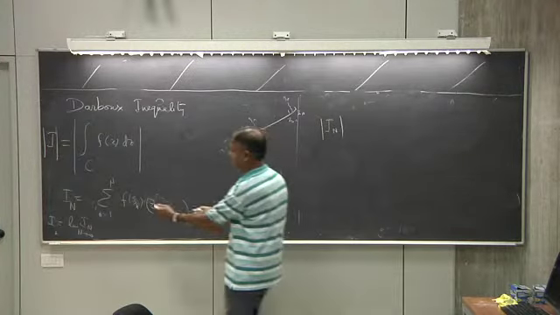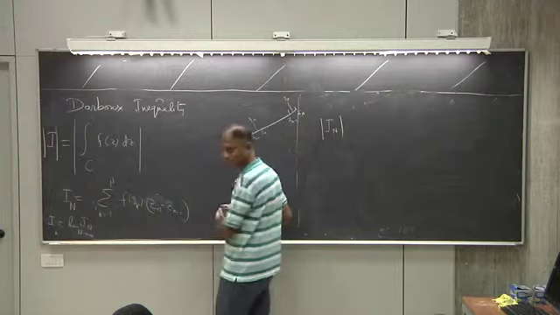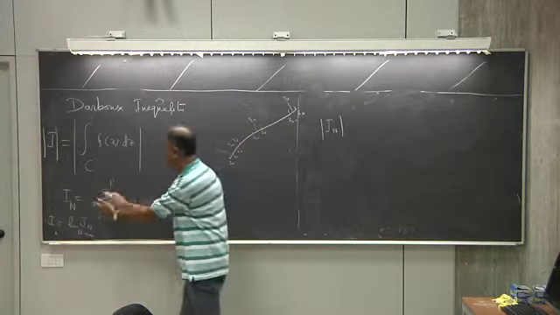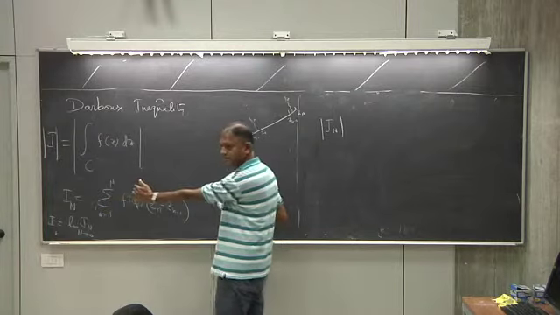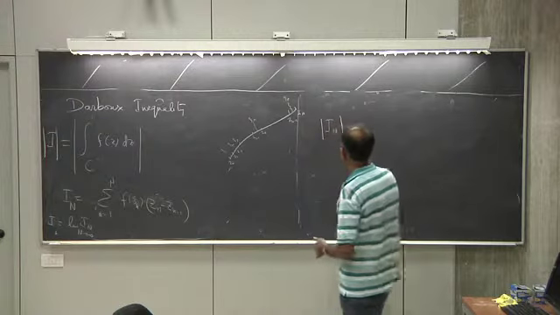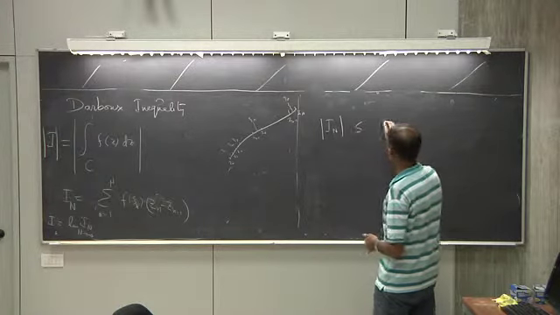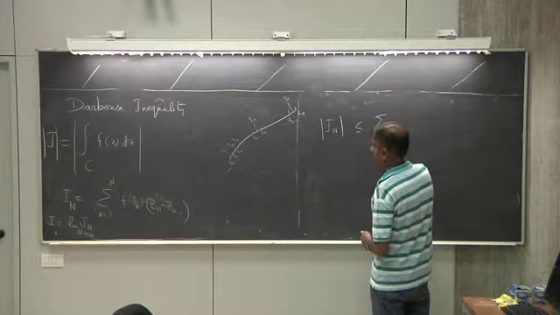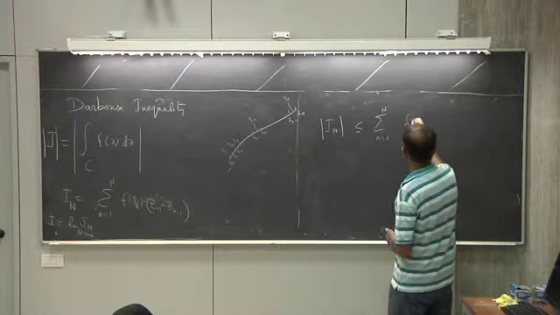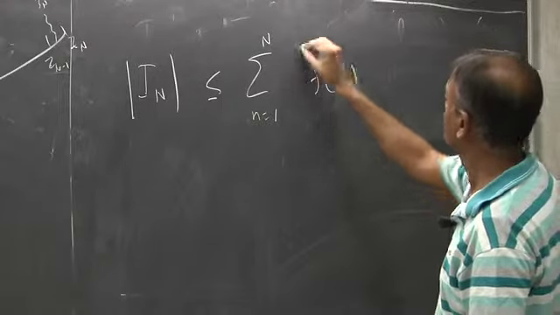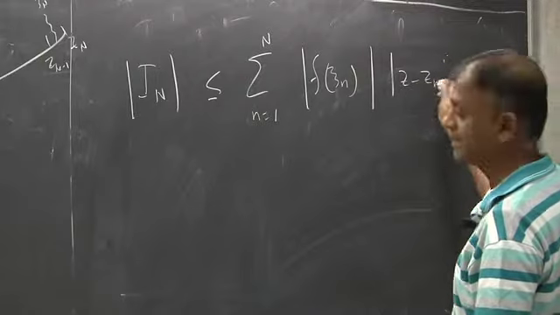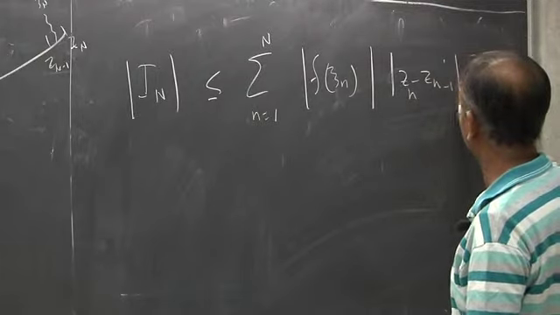Now this is a sum of several complex numbers, so you again use the triangle inequality: the modulus of a sum of complex numbers is less than or equal to the sum of the moduli of the individual complex numbers. So you get less than or equal to the sum from n equals 1 to capital N of the modulus of f(psi_n), times the modulus of Z_n minus Z_{n-1}.